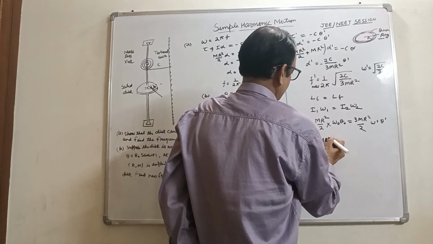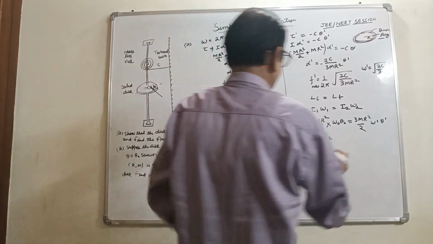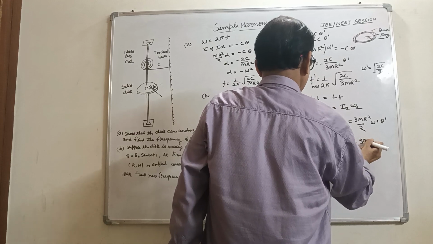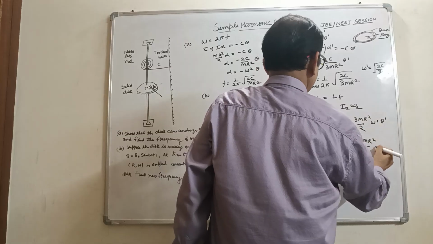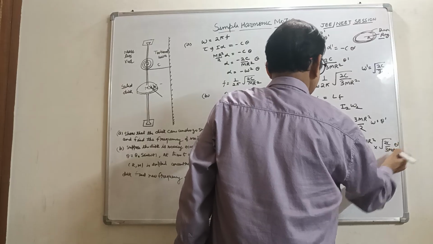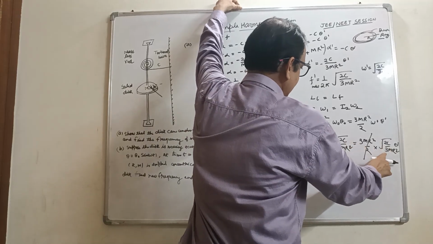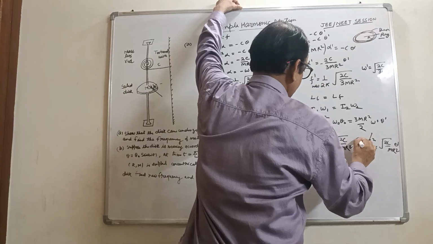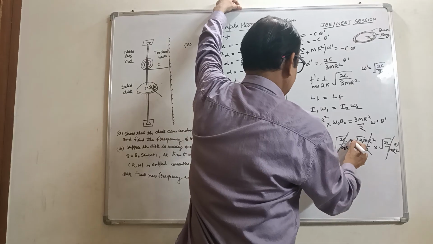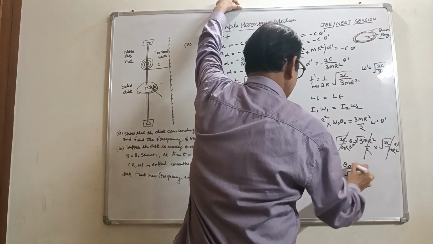So mr square by 2 into omega naught, where omega naught is under root 2c by mr square, equals 3mr square by 2 and omega dash, root 2c by 3mr square, into theta dash. Here mr square cancels, and the 3 over root 3 becomes root 3, and this term also cancels. So theta dash would be theta naught upon root 3. This is the angular amplitude.